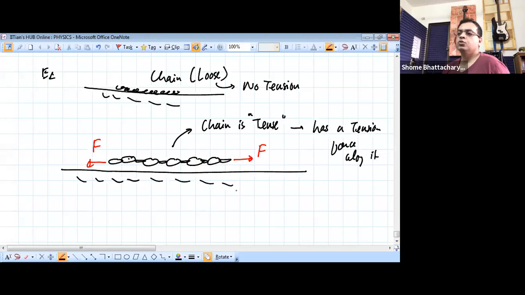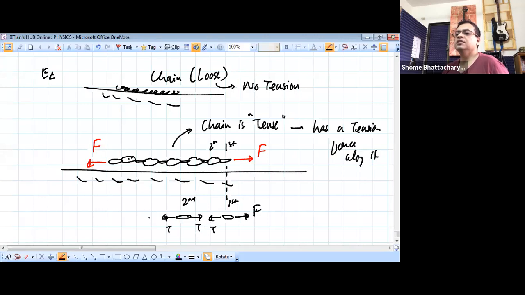So what is that force actually? If you think about this last link of the chain, it has an external force on this side, but also some force with which this link is pulling on the next. If this is the first link and this is the second link, this is the force on this. Now think of the second link over here. It is being pulled with an equal and opposite force on this side by the first link and is pulling against the third link.